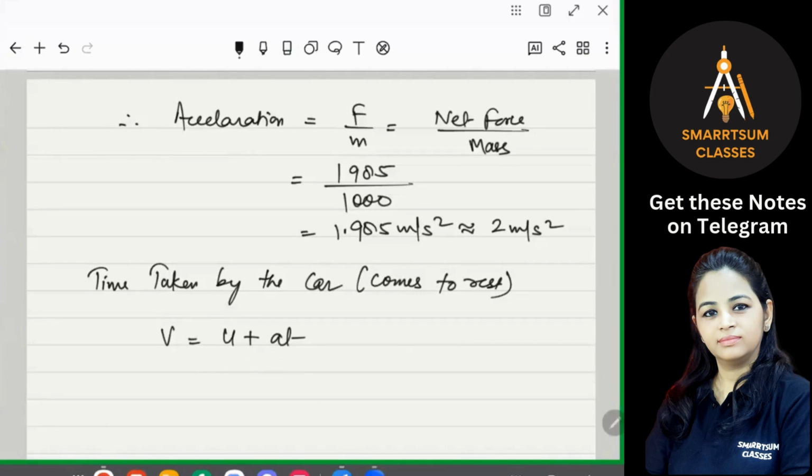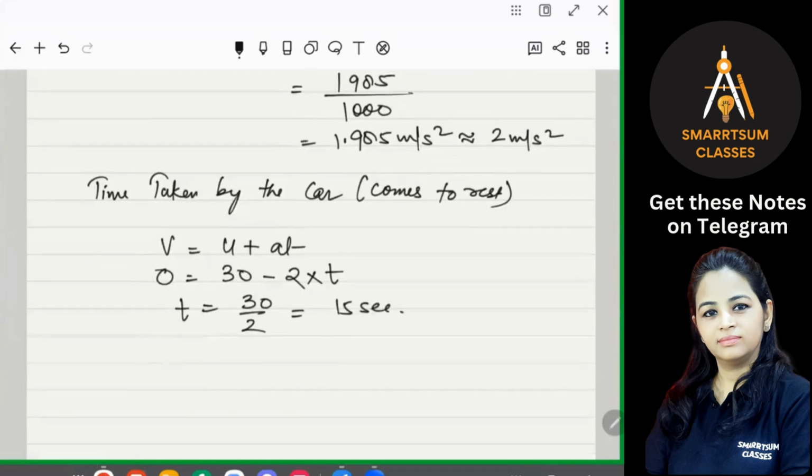Write down u is 30. Initial velocity will now be 30. Final velocity will be 0 because it comes to rest. Minus 2, it is decreasing, right? It is retarding with 2 meter per second square into t. Is that clear? So now t will be equal to 30 by 2. That is 15 seconds. So how much time will it take to stop the car? That is 15 seconds.